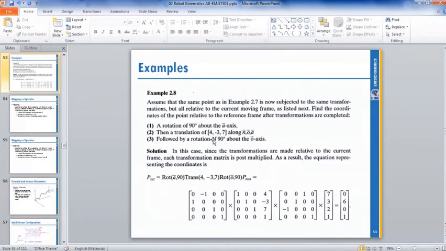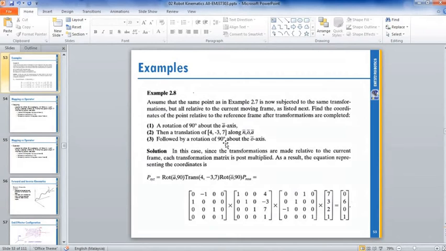X 4, Y -3, Z 7, NOA. So you move your gripper and then follow by rotating about Y 90 degrees. So first your instruction is to rotate your gripper 90 degrees, counterclockwise. 90 degrees means counterclockwise.